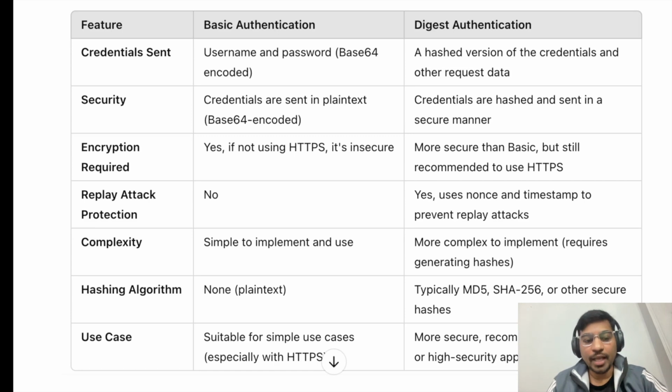So basically, if someone asks in a single line how basic authentication is different from digest authentication, you can easily tell them that basic authentication uses Base64 encoding and passes data in plain text, and digest authentication uses a hashed version of the credentials, using a hashing algorithm to pass the credentials.